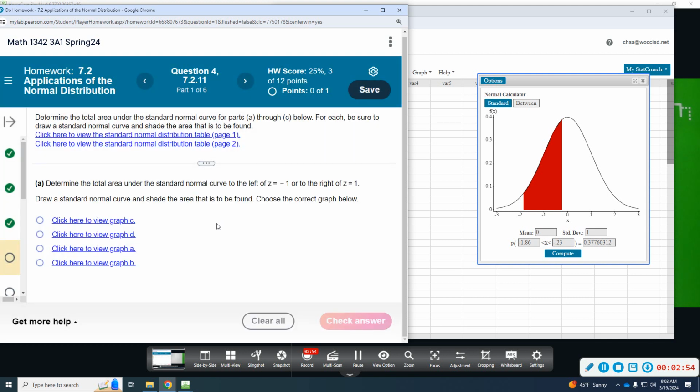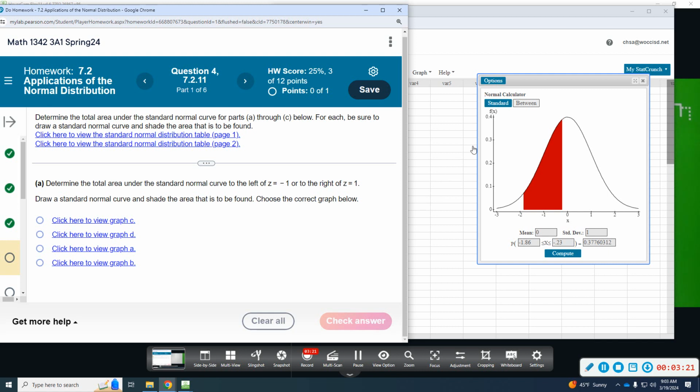All right, so number 4. We want to determine the area under the normal curve for parts A through C. It says be sure you find the normal curve, shade the area that you want to find. So again, if you're doing this by hand, I'm definitely drawing and I'm shading. So this one wants me to find the area under the curve to the left of Z or to the right.